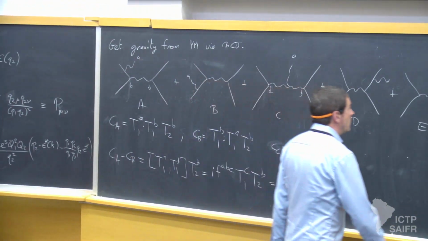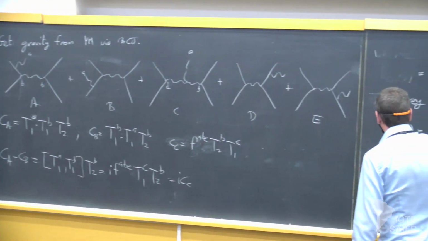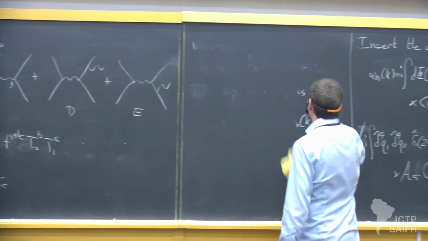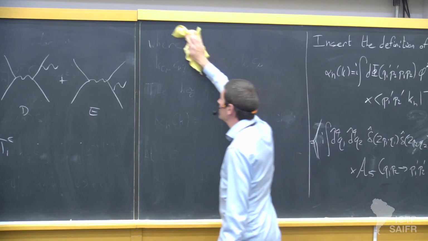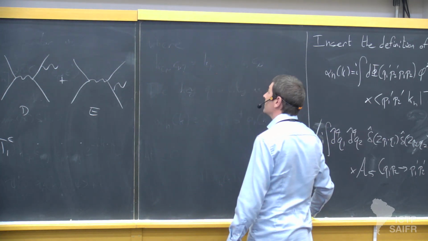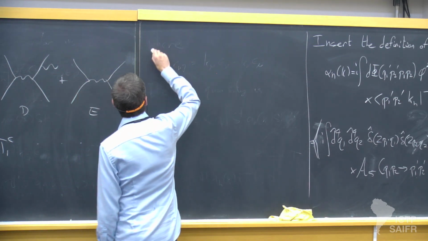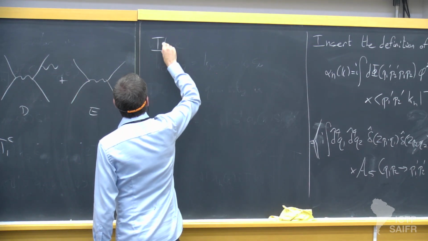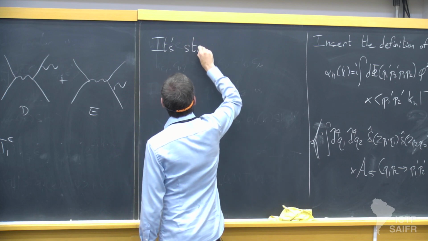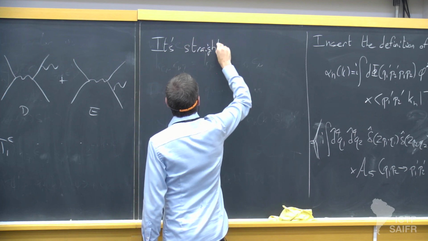Okay, so I'm not going to go through the computation in great detail. It's something you can do. It's a bit of work. It's not a huge amount of work. So it's straightforward to construct the numerators.